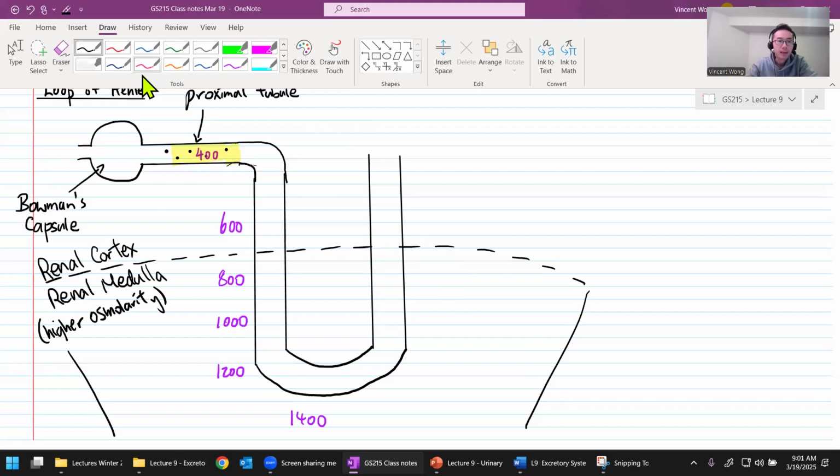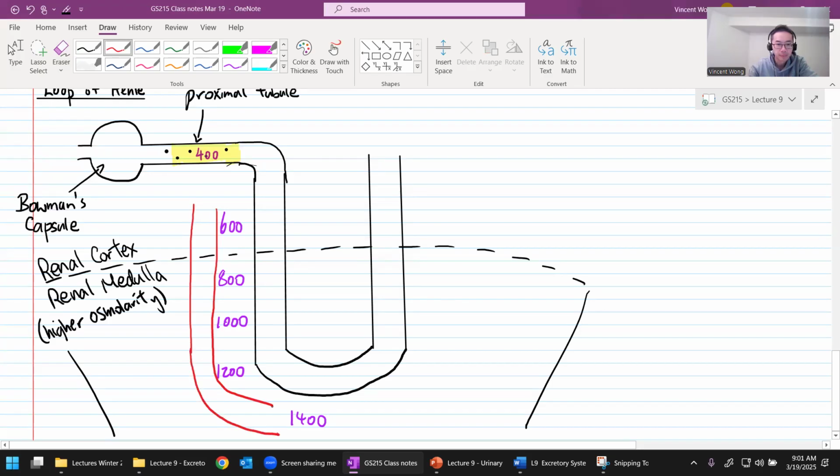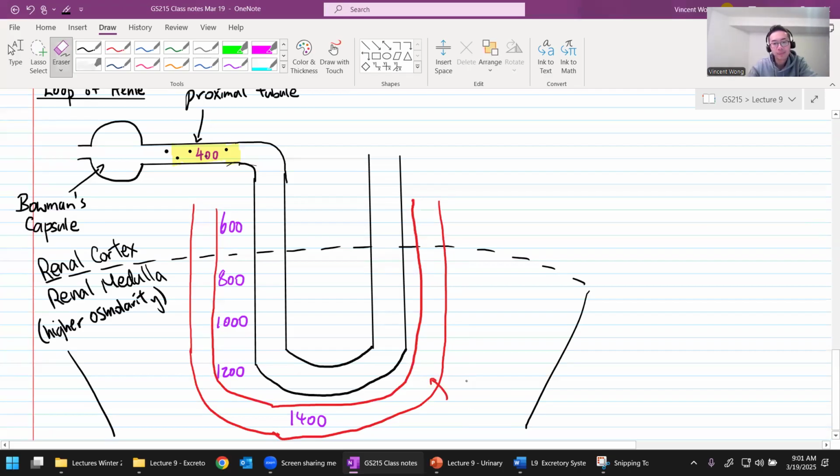Now, what is next to the loop of Henle? Next to the loop of Henle is going to be the blood vessel, the peritubular capillary. Let me just write it down. Peritubular capillary.